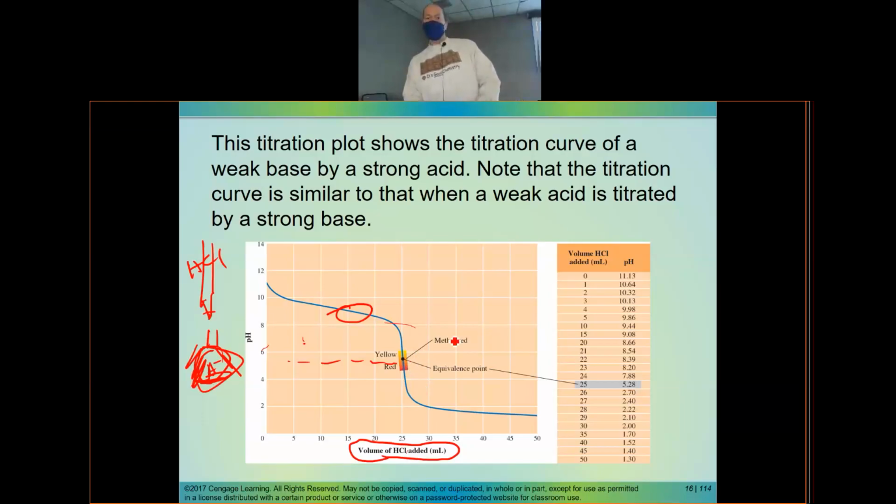And so you have many different choices for your indicators. Phenolphthalein works great when you're adding a strong base. If this is a strong base, you're going to use phenolphthalein every time. But when it is a strong acid, you cannot use phenolphthalein. In this case, they use methyl red, you can use bromocresol green. You have to have something that changes in the acidic range when it's doing its color change.